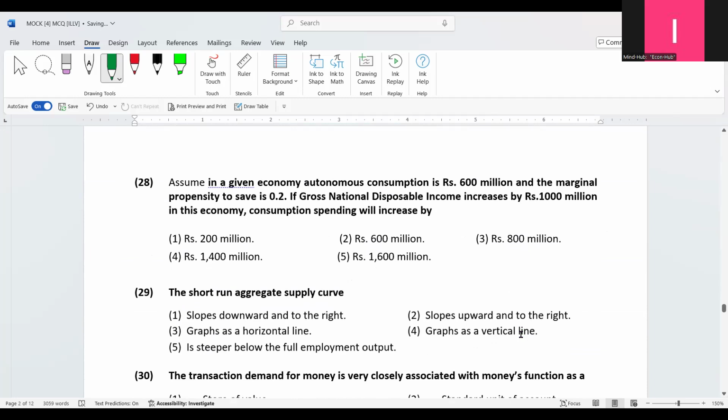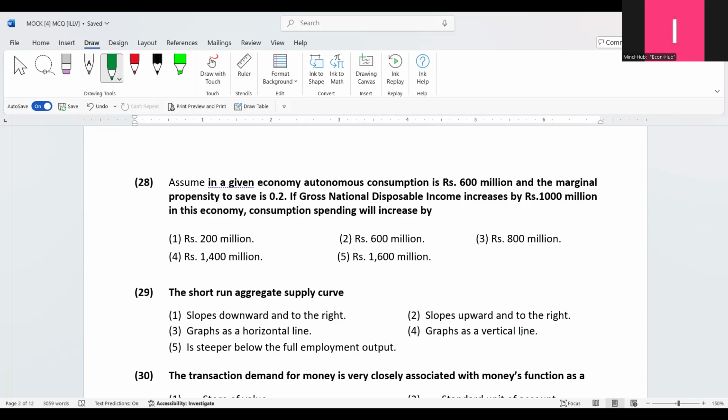Question 28. Assume in a given economy, autonomous consumption is 600 million and the marginal propensity to save is 0.2. If gross national disposable income increased by 1,000 million in the economy, consumption spending will increase by?